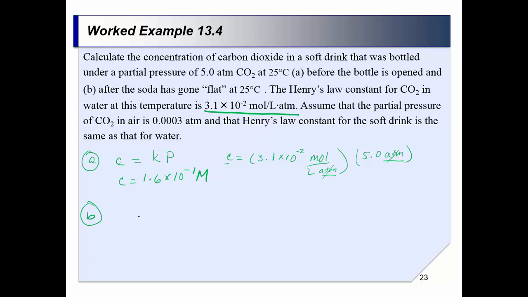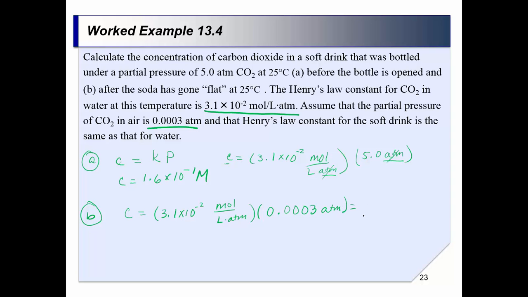B, after the soda has gone flat at 25 degrees Celsius. After the soda has gone flat, we're assuming that the partial pressure, again given to us, is 0.0003 atmospheres. So C equals, again, our 3.1 times 10 to the negative 2, this time multiplied by the second partial pressure.